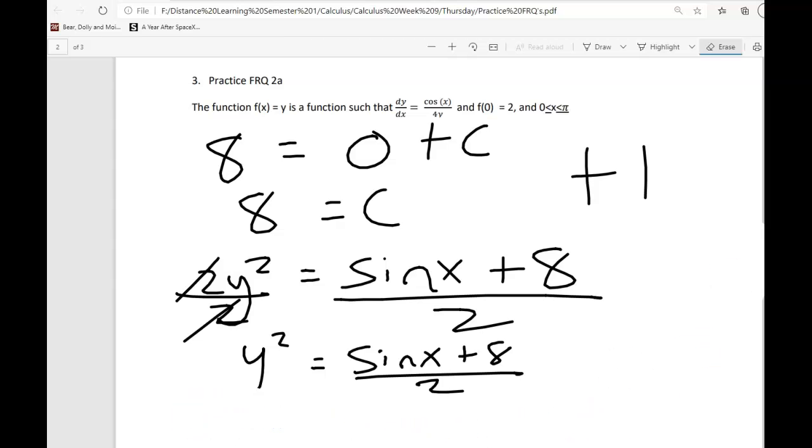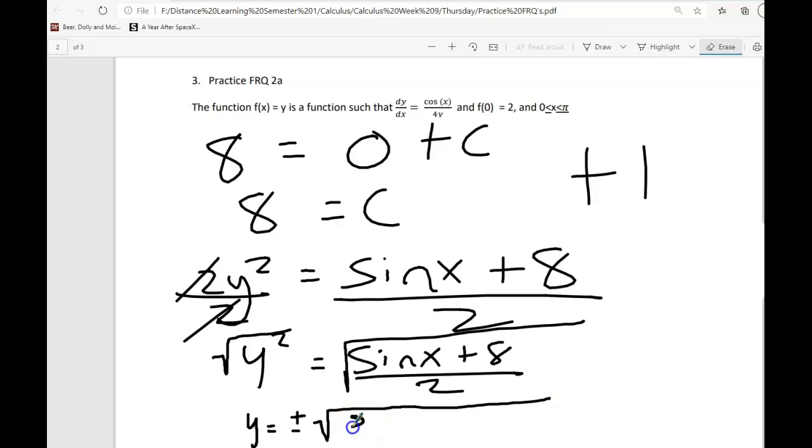Okay, next we're going to take the square root. Now when you square root both sides, you got to remember this, easy to forget, we usually get a plus and a minus. Now in this case, we are going to pick either the positive or the negative.